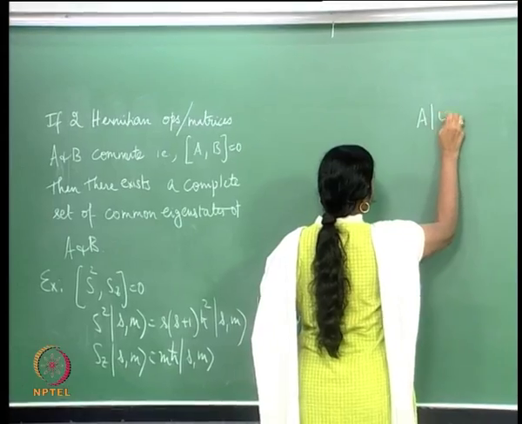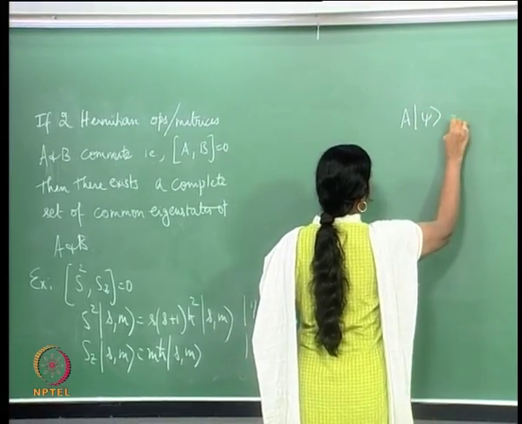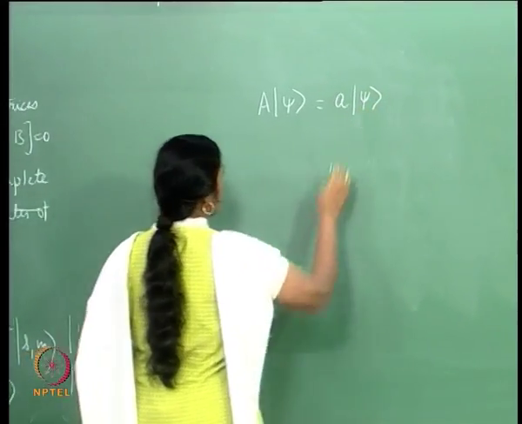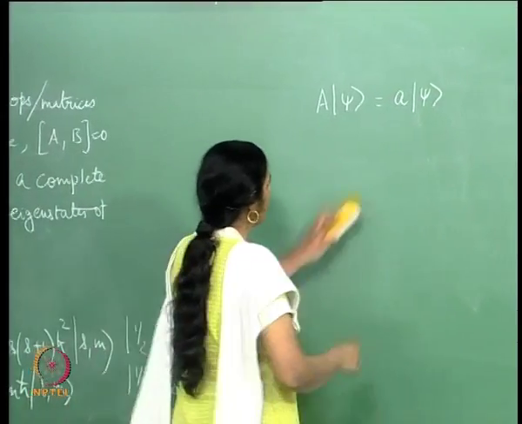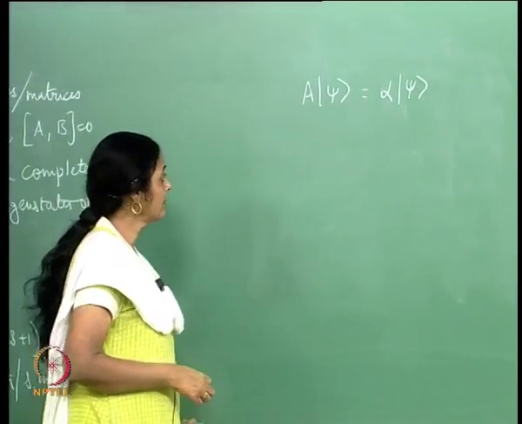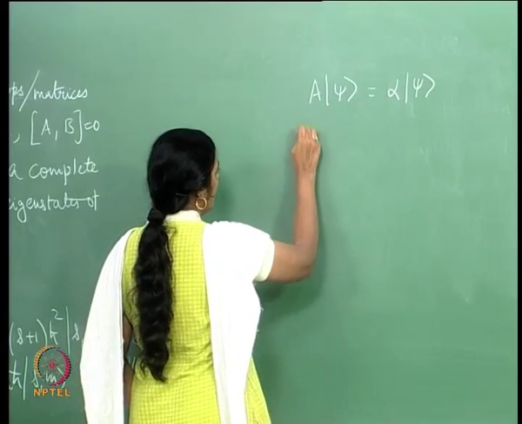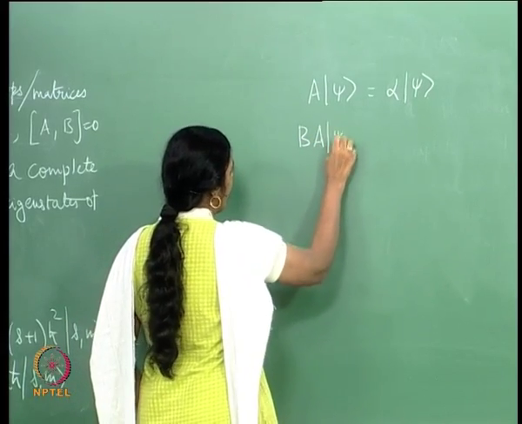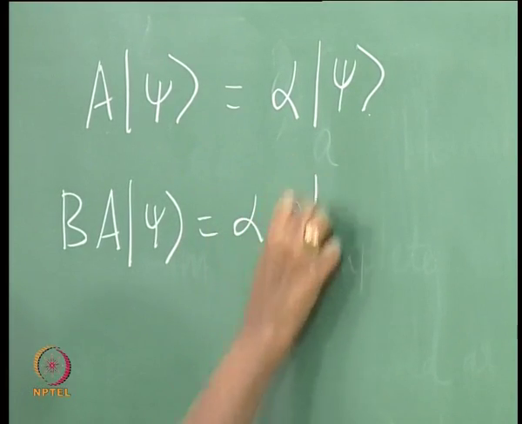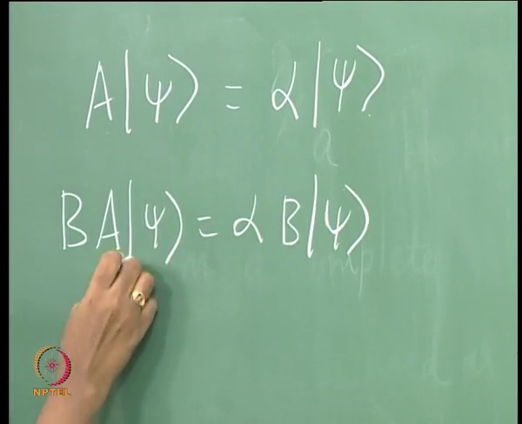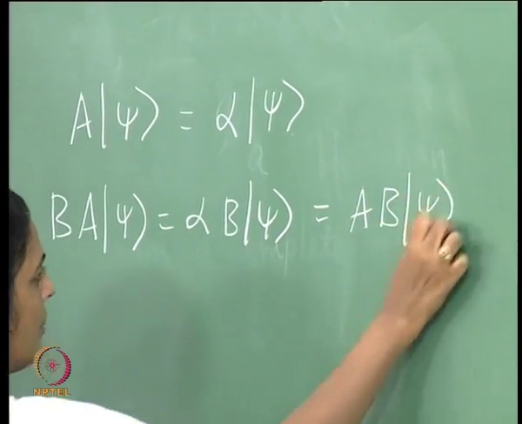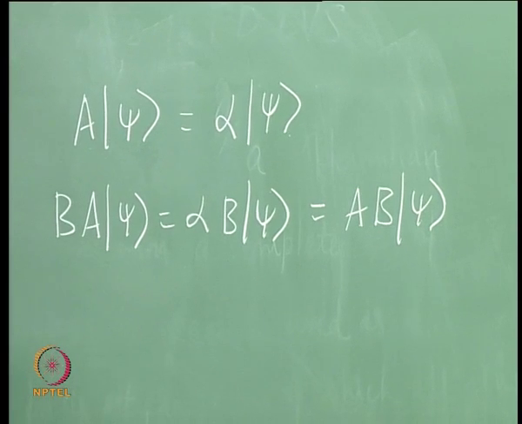Let psi be an eigenstate of A with eigenvalue alpha. Then B A psi is alpha B psi, but B A psi is also equal to A B psi, because A and B commute with each other.